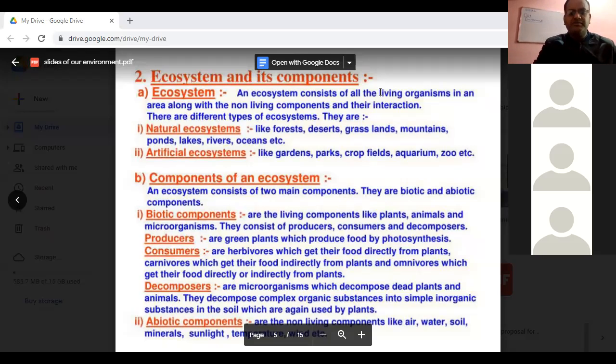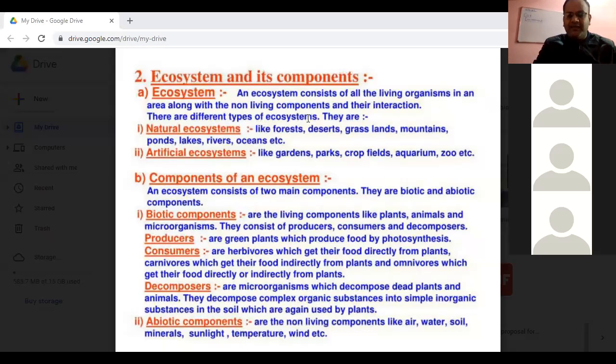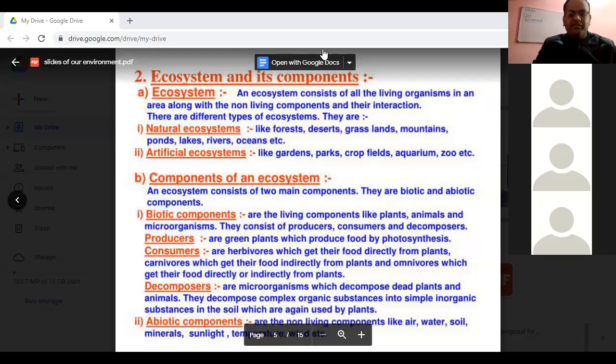So what is an ecosystem? An ecosystem consists of all the living organisms in an area along with the non-living components and their interaction. That means the functional aspect of the environment where both the living and the non-living components are living together, interacting with each other and forming a functional unit.